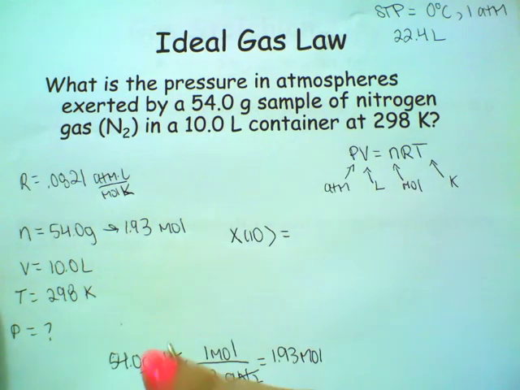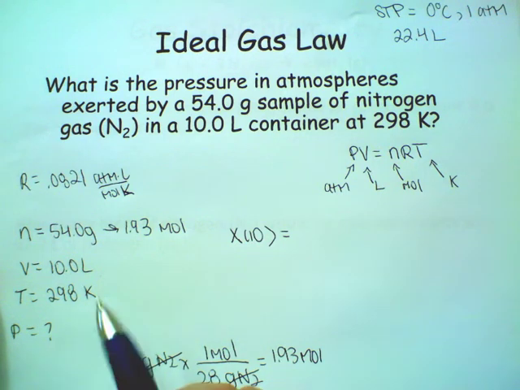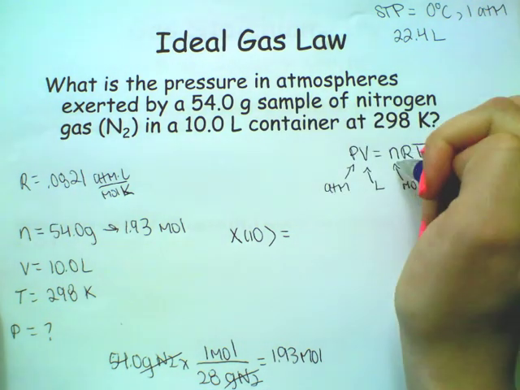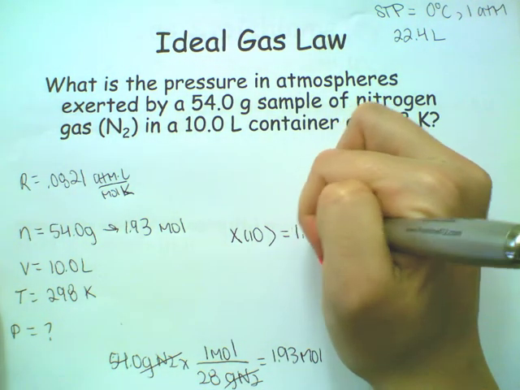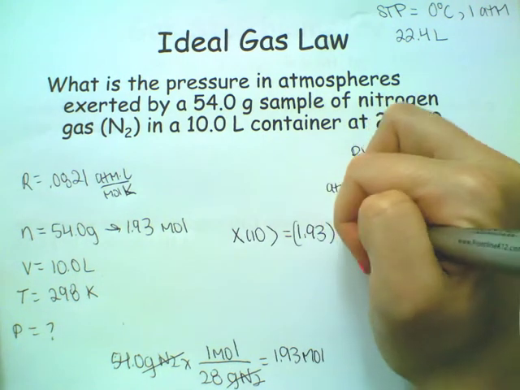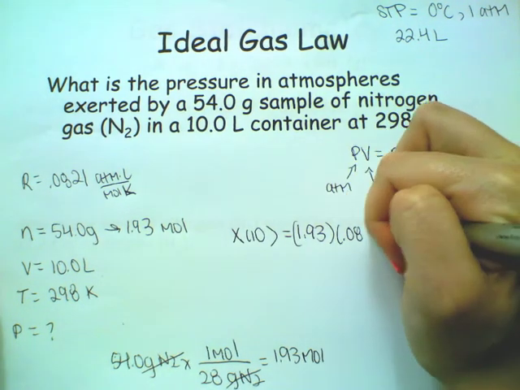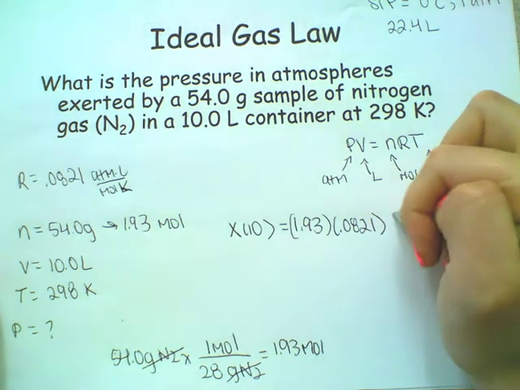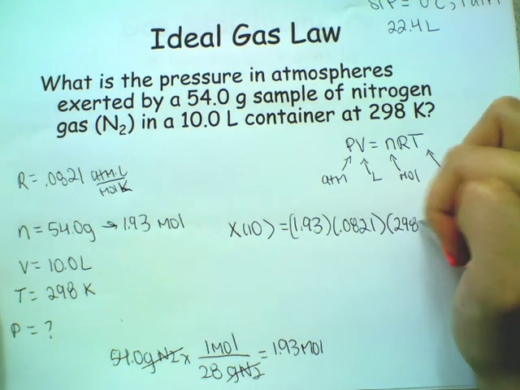We're going to leave out units for now, but if you plug them in, you'll see how they cancel out, and you'll be left with atmospheres. And then we're going to plug in moles, which we just solved for, 1.93 times the gas constant, 0.0821. And then we're given our temperature in Kelvin.